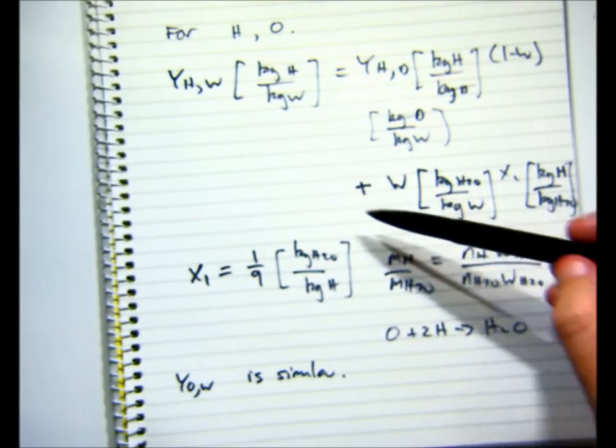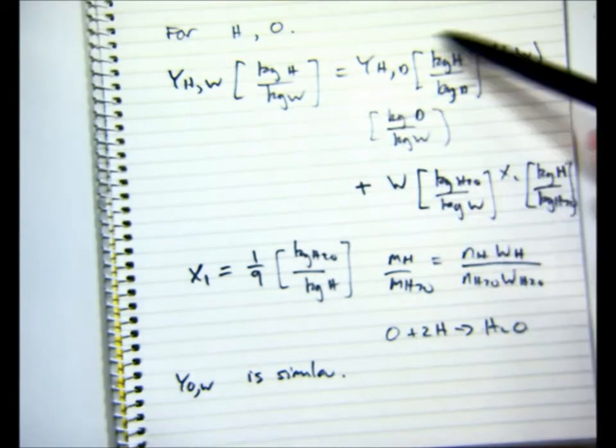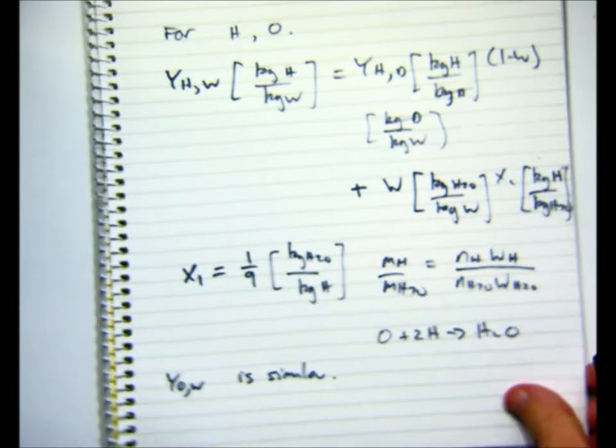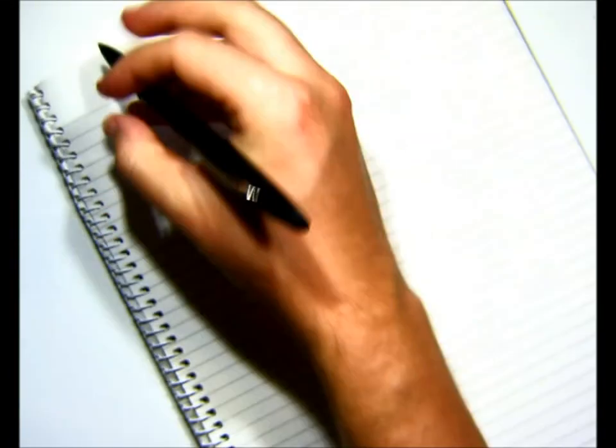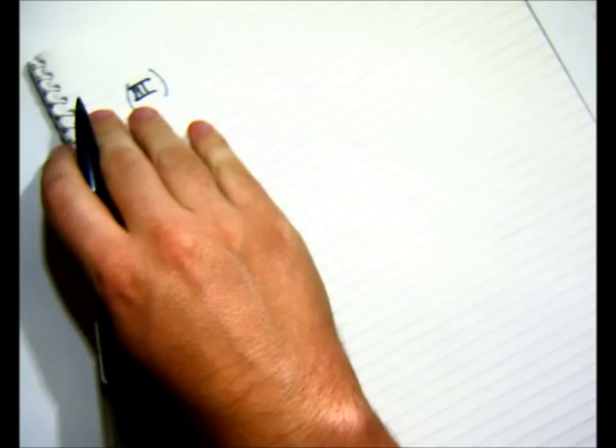And the expression for this will look very similar to this. It'll just be this term which is different, because it'll be kilograms O over kilogram H2O. I don't really have room to write all this out, but that's pretty much the solution.